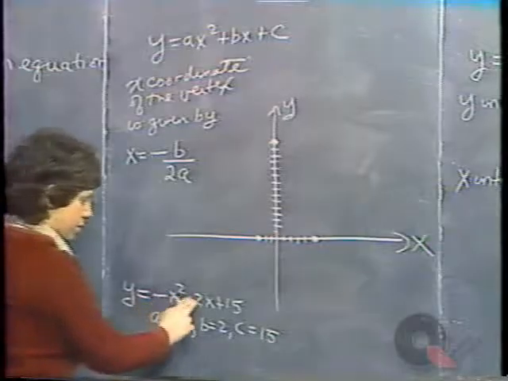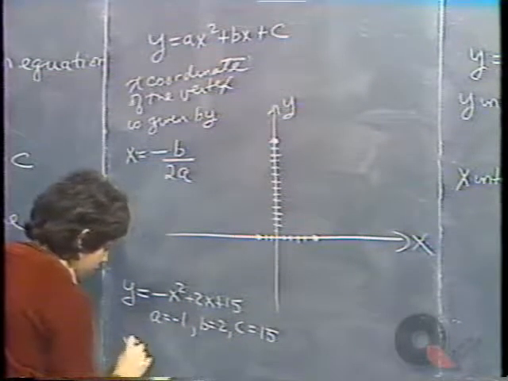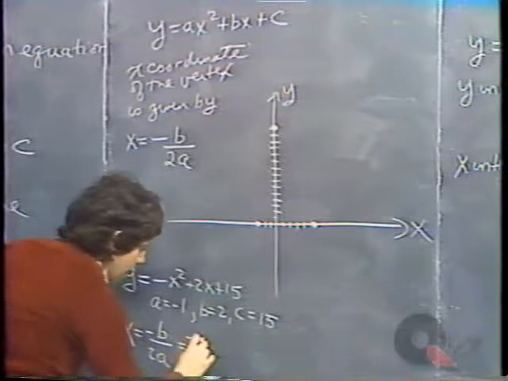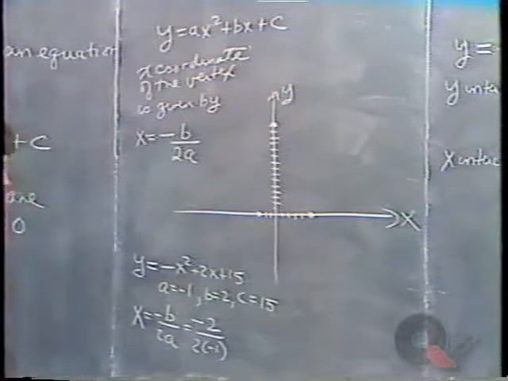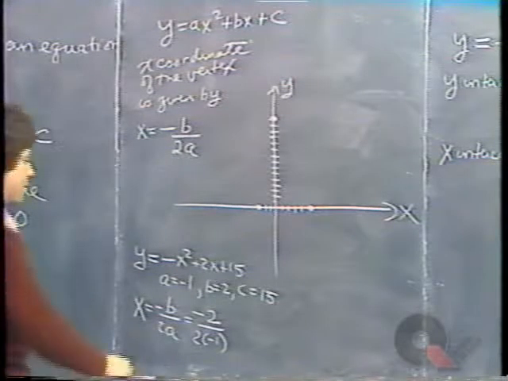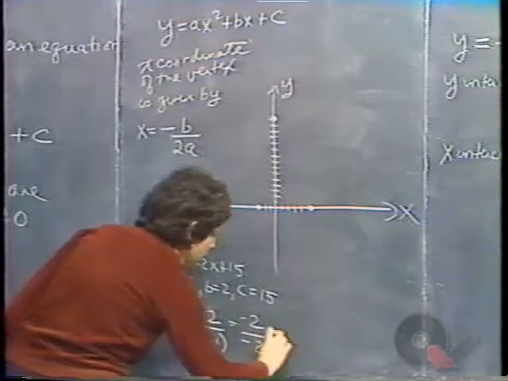So the x-coordinate of the vertex is given by minus b over 2a, or minus 2 over 2 times minus 1. That's minus 2 over minus 2, or plus 1.